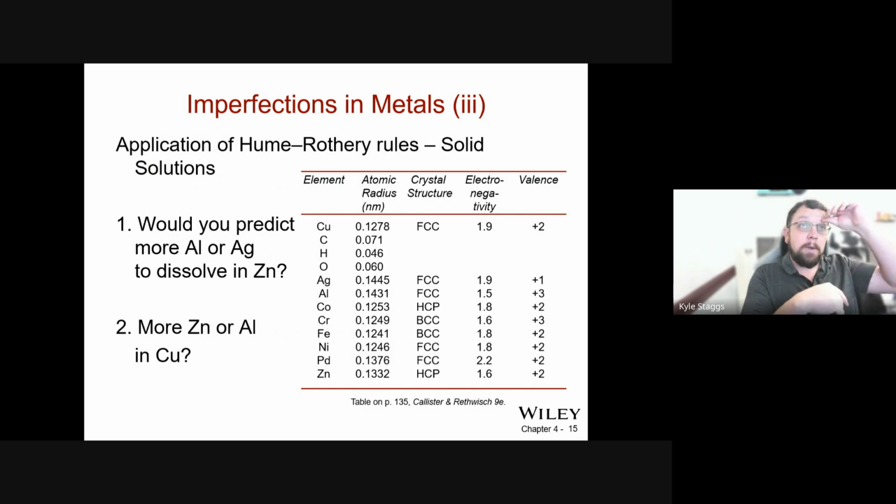So the atomic radii for aluminum, let's make sure to mark those so that we are familiar with what we're aiming for here. So aluminum or silver to dissolve zinc. First thing is, let's see a vote in the chat. Which one is going to be more likely to be dissolved in zinc?